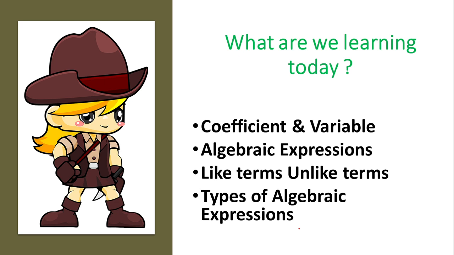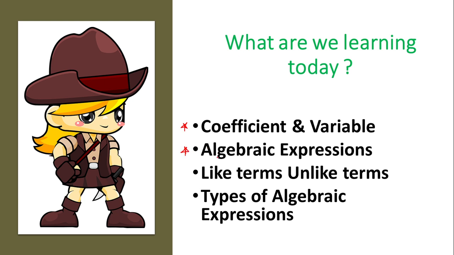In today's session, we are going to start with our chapter number 8, that is algebraic expressions and operations on them. So let's see what exactly we are going to learn today. Today we will be learning what are the coefficients and variables. Then we will see what are the algebraic expressions.